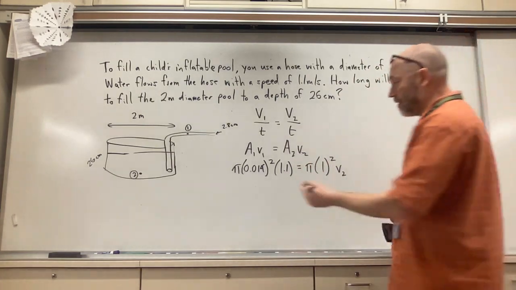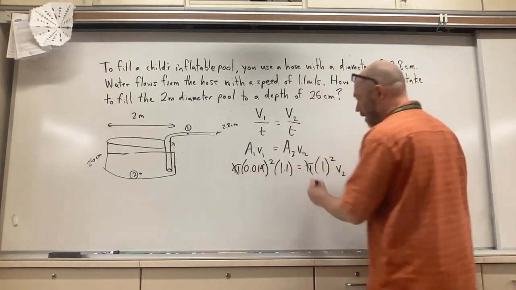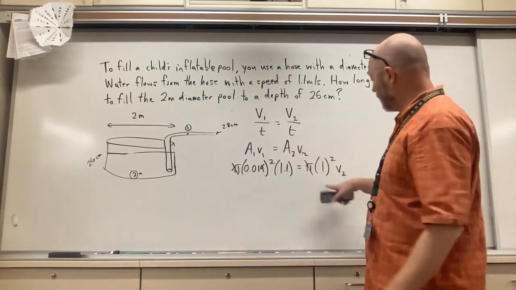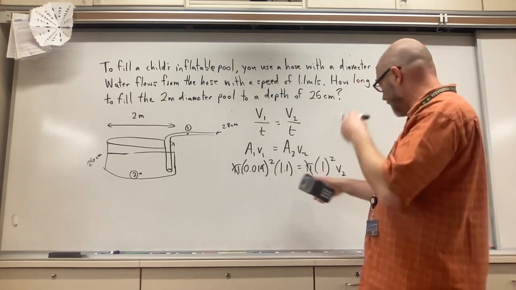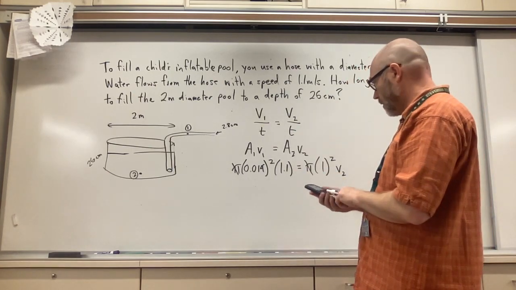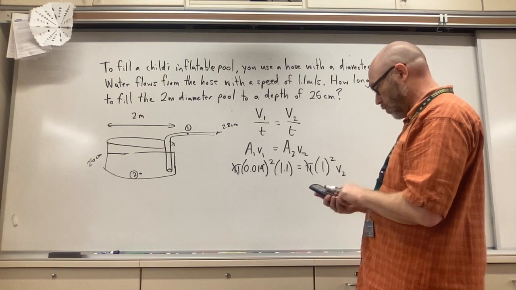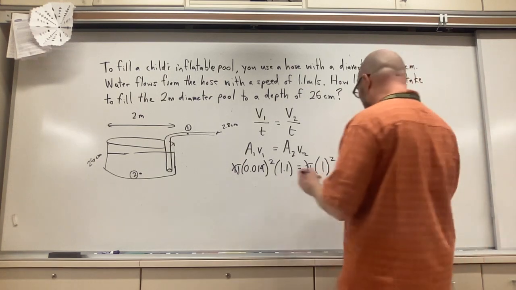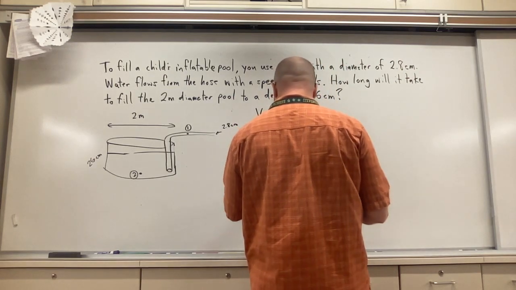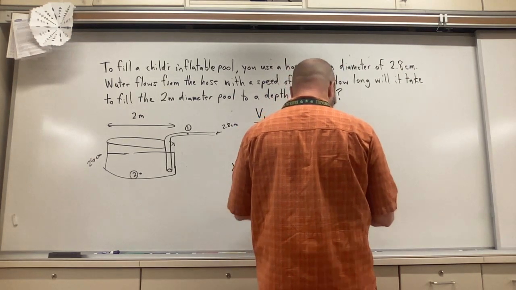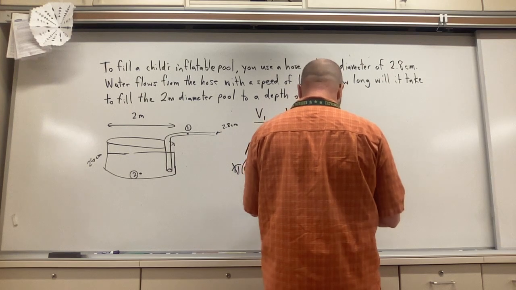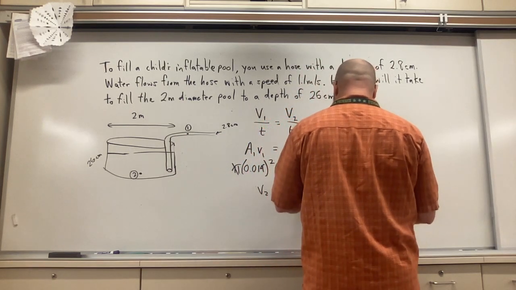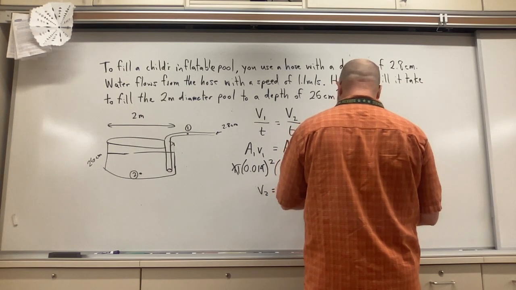So if I do some math, I'm going to make my pi's go away, because, I like pi, but it goes away. And then if I multiply and divide, 0.014 squared times 1.1 equals, and my speed is going to equal 0.00022 meters per second.